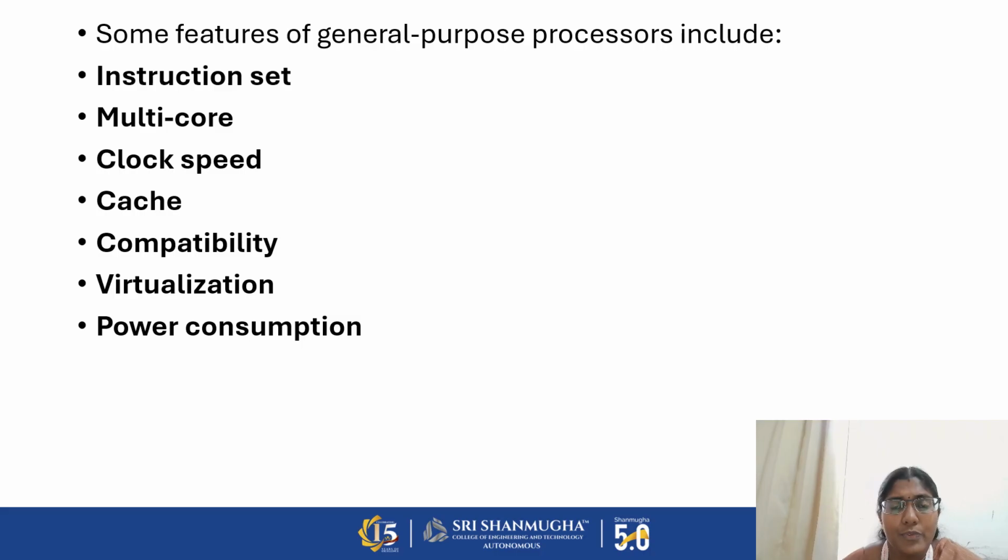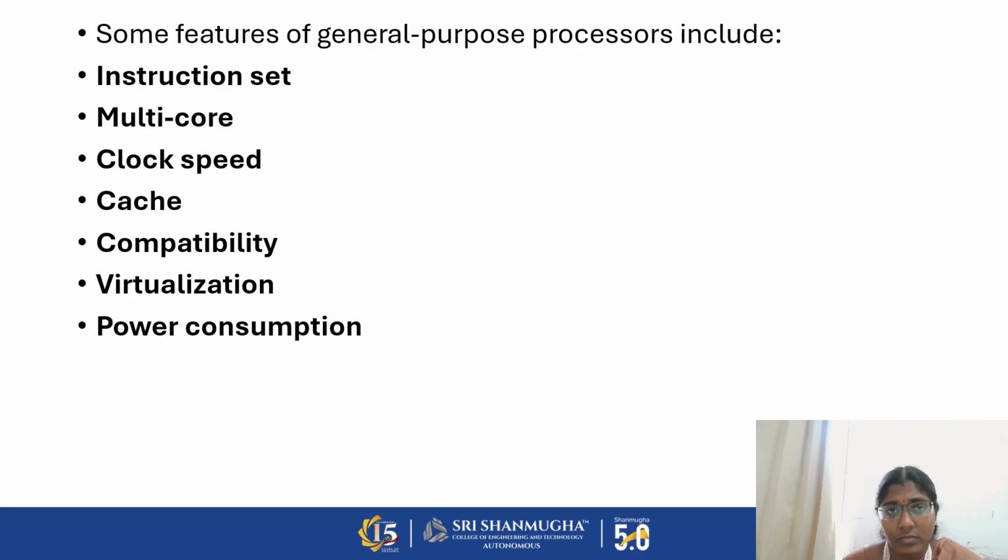Some of the features of a general purpose processor: first, the instruction set. It has a complex instruction set, since it needs to perform multiple tasks at a time.